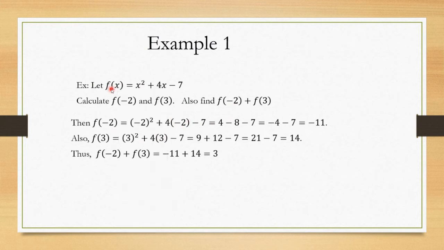So f of x is x squared plus 4 times x minus 7. F of negative 2 then is negative 2 squared plus 4 times negative 2 minus 7. And this becomes 4 minus 8 minus 7, which is minus 4 minus 7, which is minus 11.